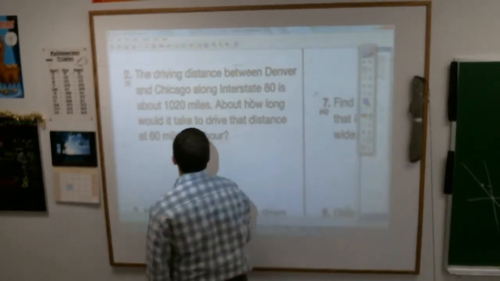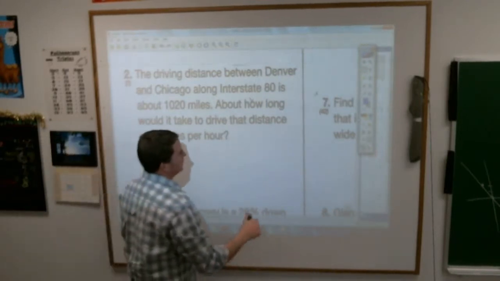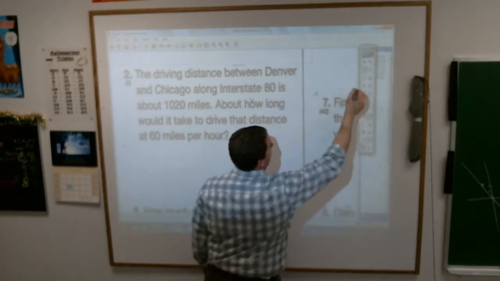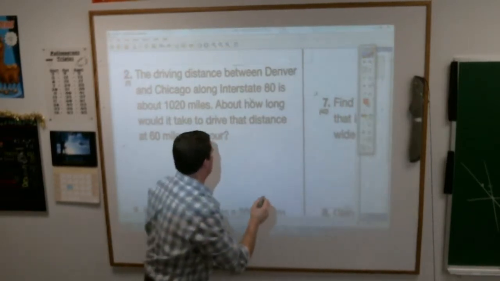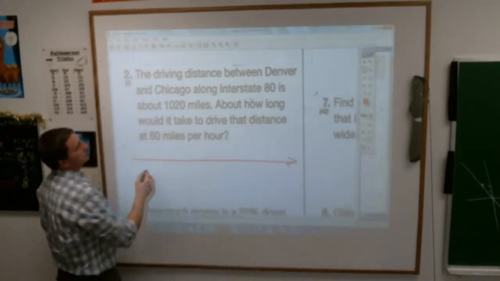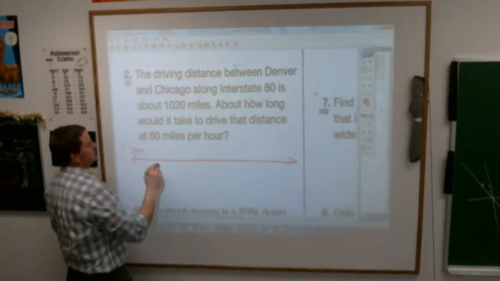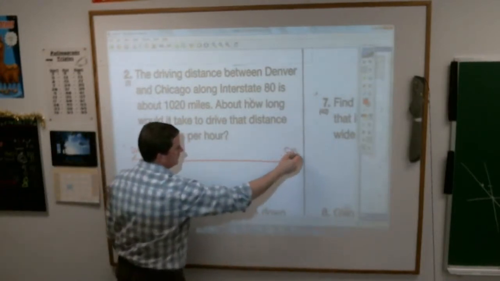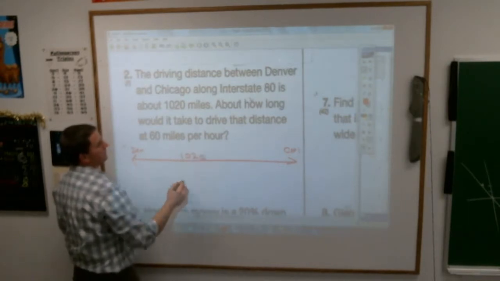The driving distance between Denver and Chicago along Interstate 80 is 1,020 miles. The first thing I would do for that is draw my little picture here. This is Denver and Chicago. Denver to Chi-Town is 1,020 miles.